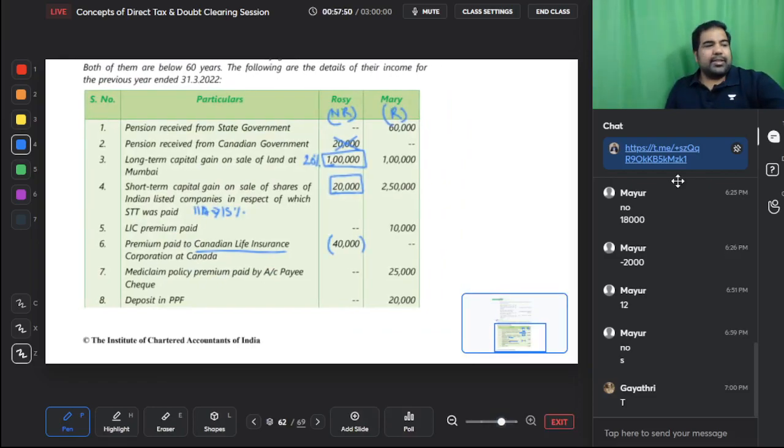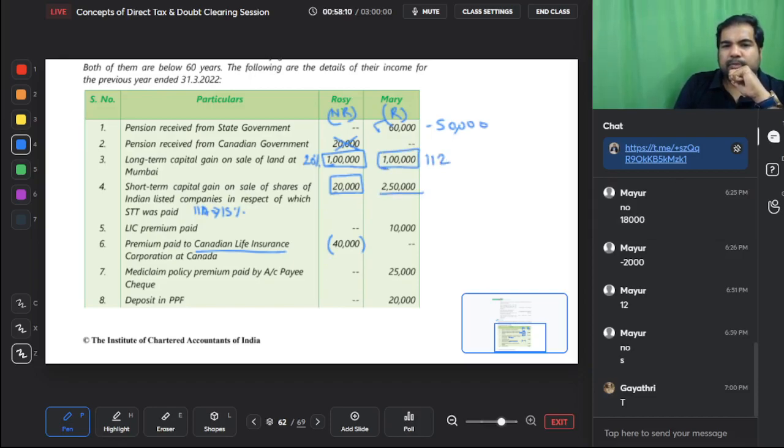Now let's do it for a resident. Pension received from state government is 60,000. Pension, so this will be taxed, but of course you will get minus 50,000 also. So I'm just writing minus 50. Long term capital gain, this will be under 112. Short term 111A at the rate of 15%. This will be at the rate of 20%.